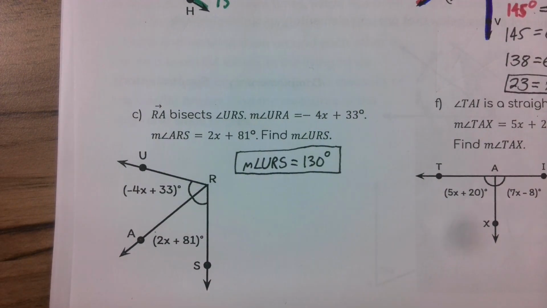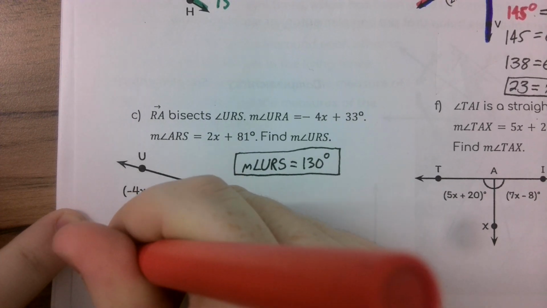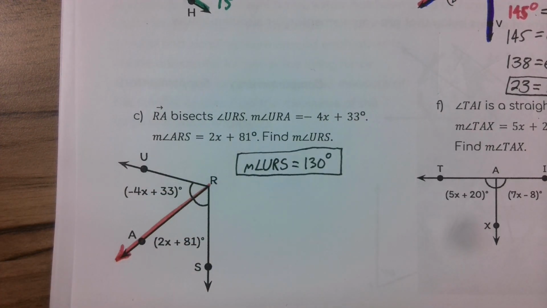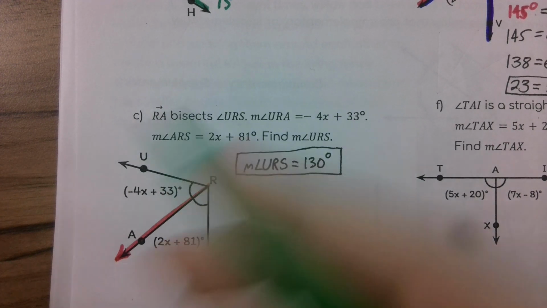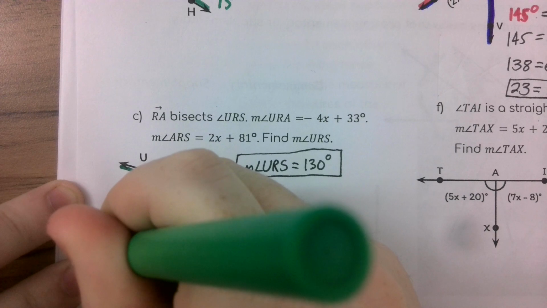We will have to do something similar for part C here. This time we have another bisection. RA bisects our angle, cuts it in half. URA is this side of the angle. There we go.